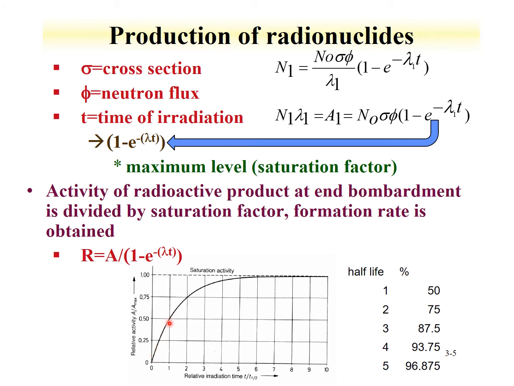Some of the atoms that have been produced have decayed, right? And the atoms are being produced over this entire half-life time. So the ones that were initially produced at the very beginning of the reaction have a 50% probability of decaying, while those at the end have a very small probability of decaying.